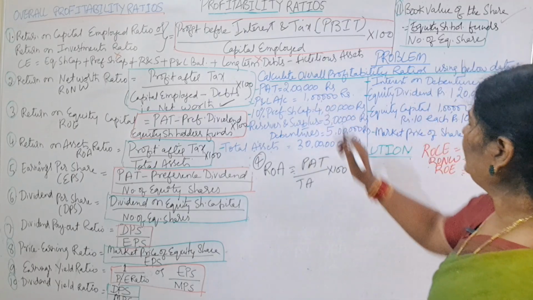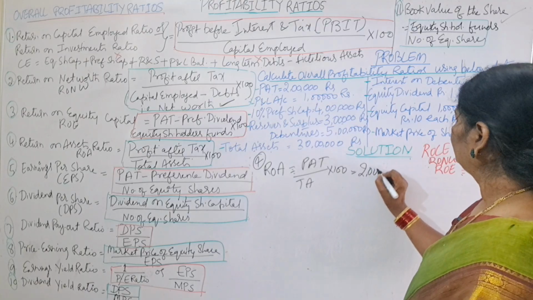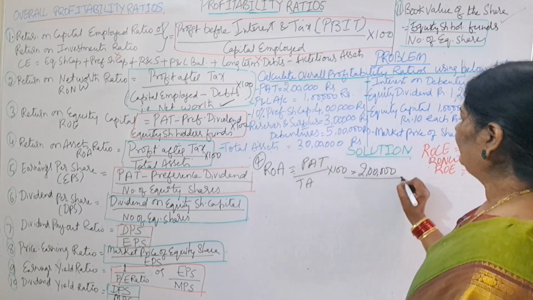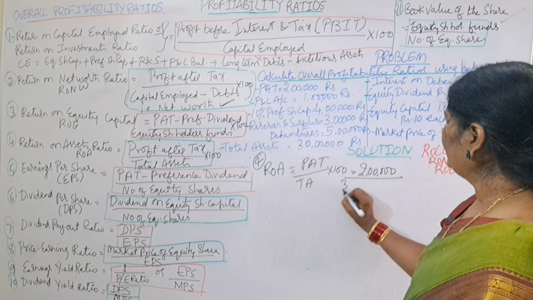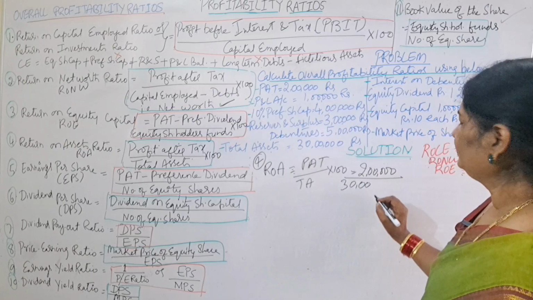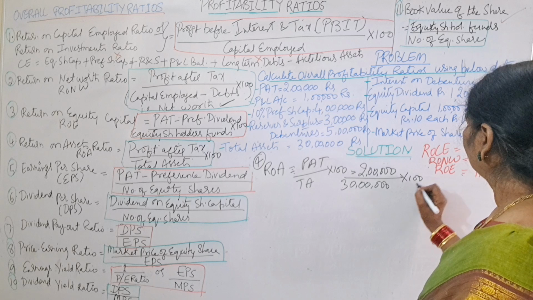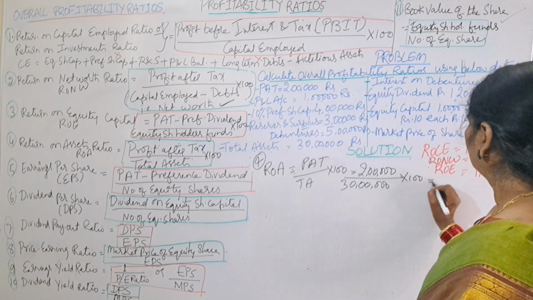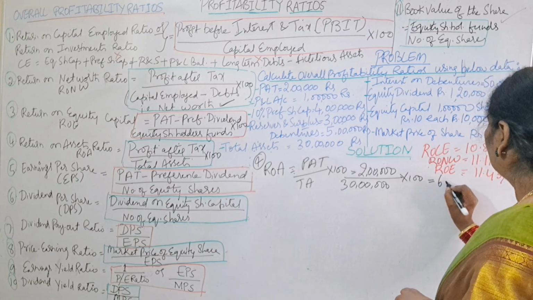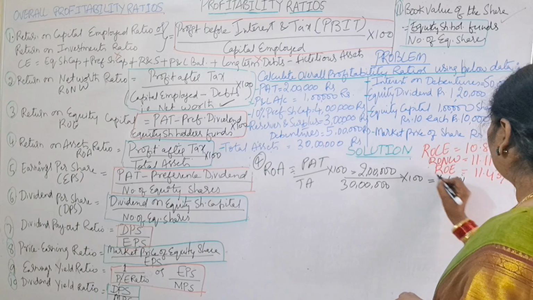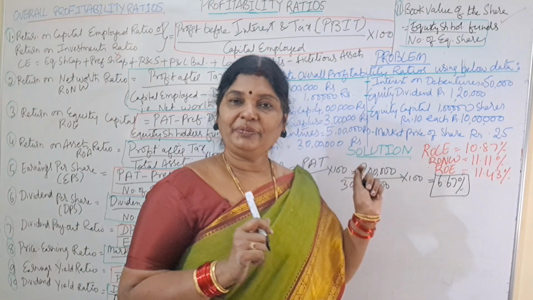So what is the PAT value? 2 lakhs divided by our total assets value is how much? 30 lakhs into 100. So it is 6.67 percentage.